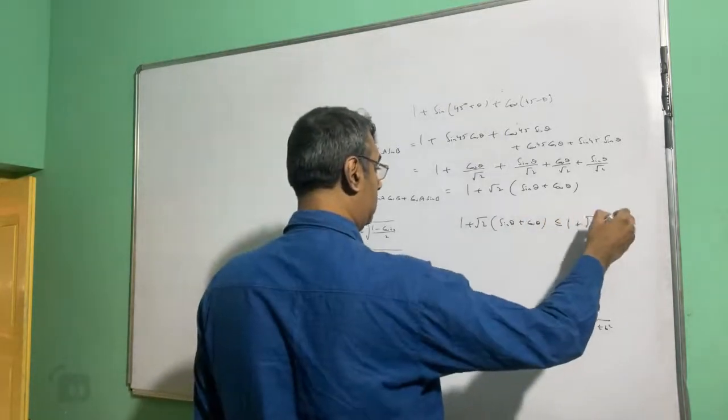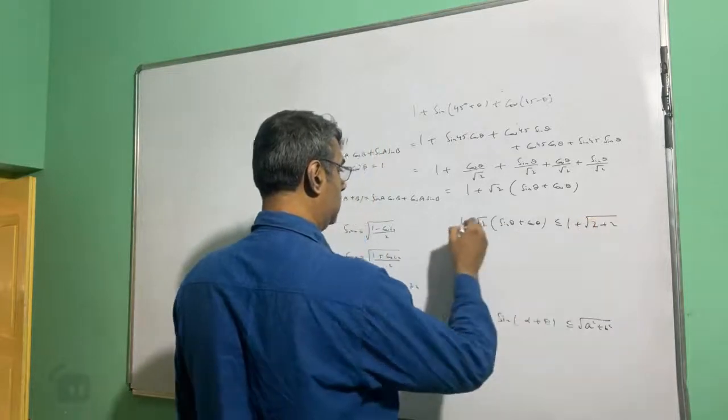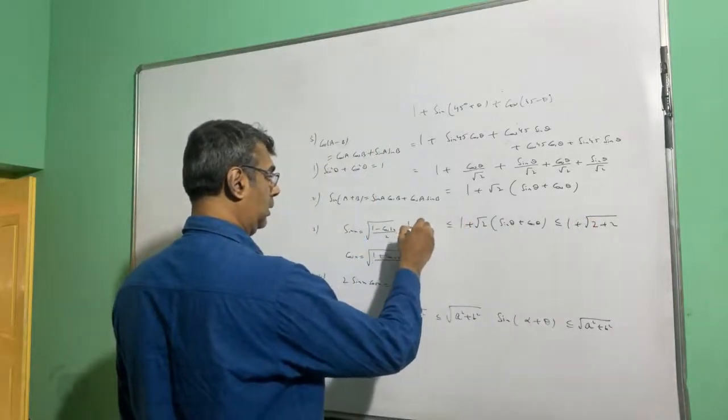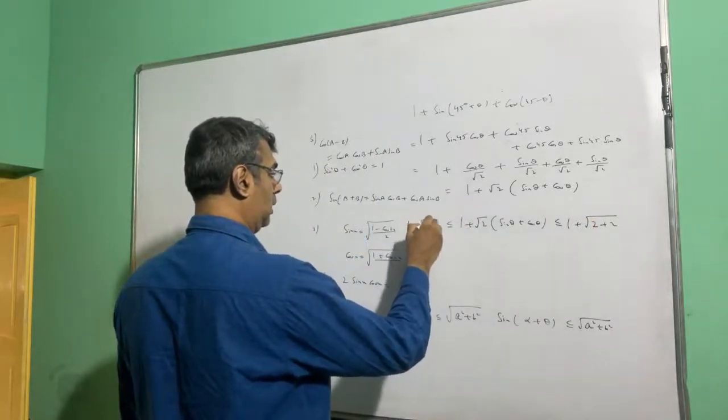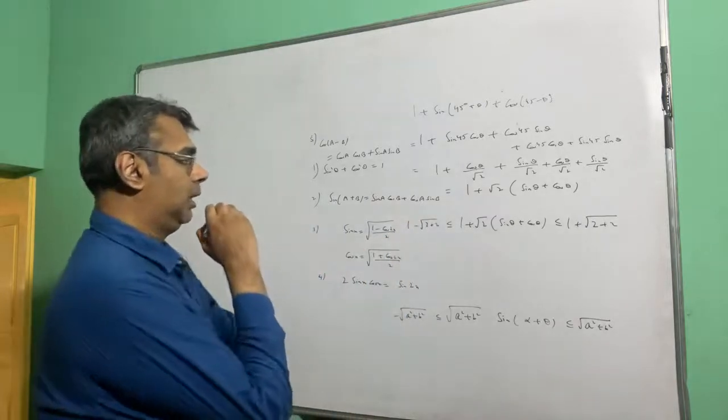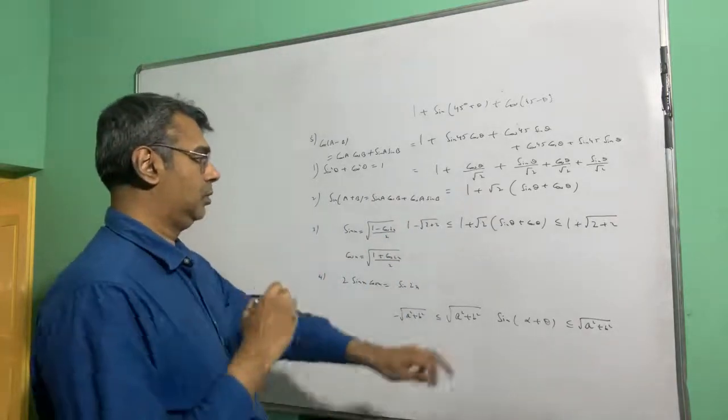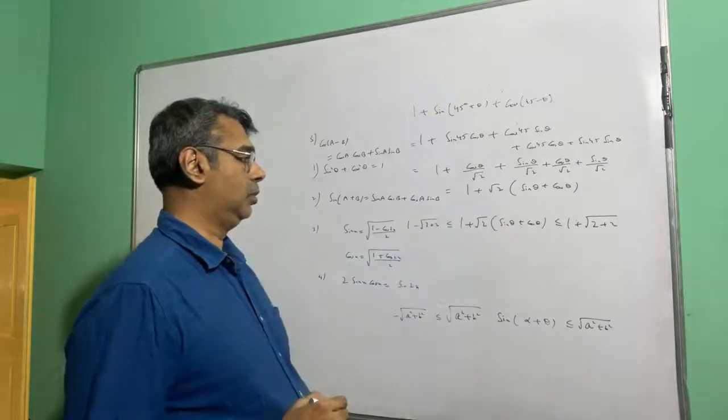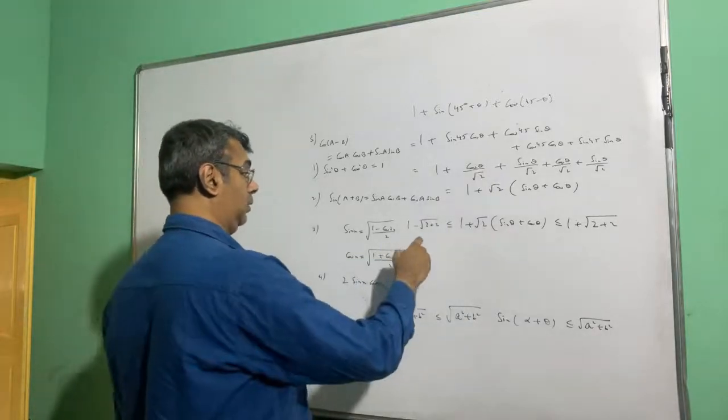So this will be less than or equal to 1 plus root over square of this plus itself. So root over 2 plus 2, and greater than or equal to this.